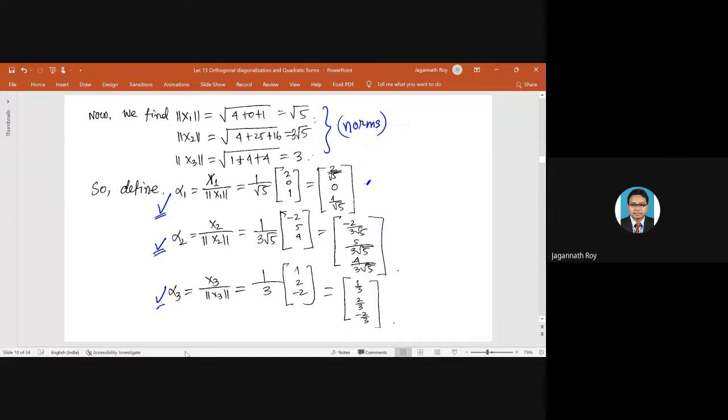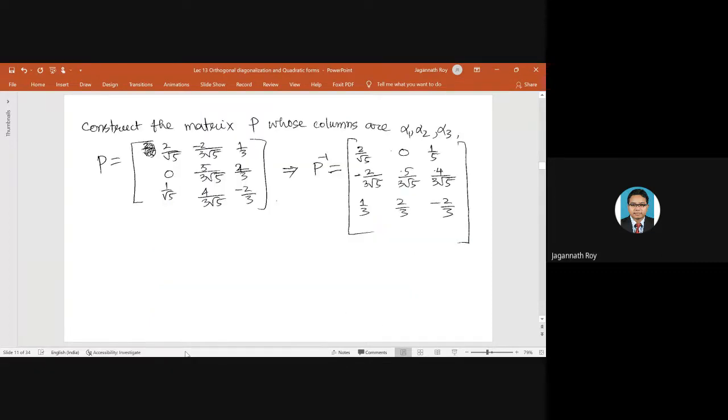So the norm of alpha 1 equals 1, the norm of alpha 2 is 1, and the norm of alpha 3 is 1. Now, if you form a matrix with these 3 vectors, then it will be an orthogonal matrix. So let us call this matrix the P matrix.